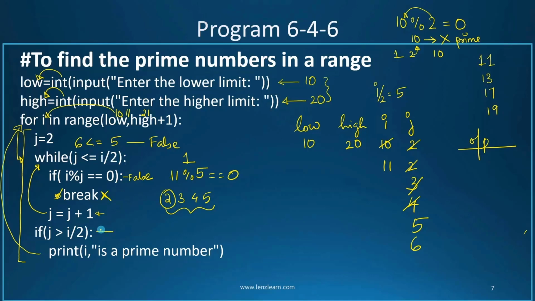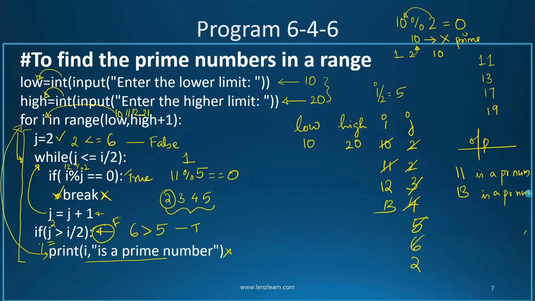Now it will check whether the value of j, which is 6, is greater than i by 2, which is 5. You can see this is true. So in this case, it is a prime number. Now in the output, I will print that 11, the value of i, is a prime number.